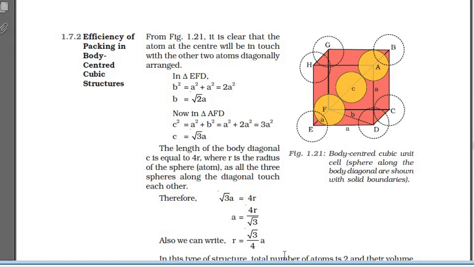So this is the packing efficiency of BCC, and it says r is equal to root 3 by 4 a. Okay, so if you have the value of a, and if you wanted to find the radius in BCC structure, then use this formula, r is equal to root 3 by 4 a.